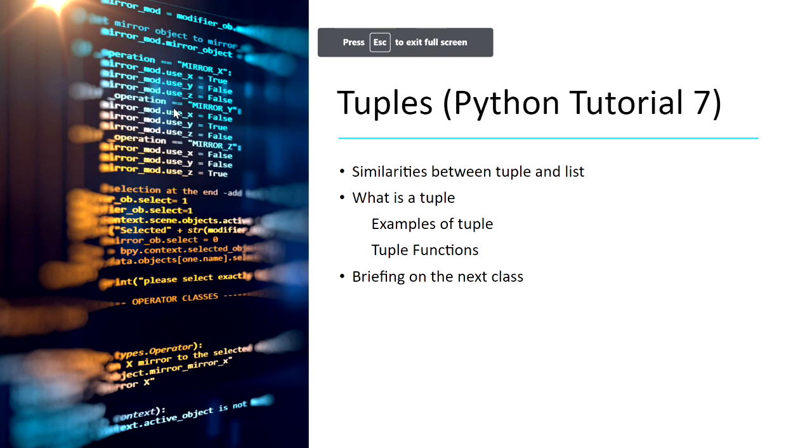Okay, so now the last thing I'm going to do is brief you on our next class. Our next class is going to be all on dictionaries. Dictionaries are also something that contains values, very similar to lists and tuples. Out of the three, dictionary is probably the second one that we use most commonly.